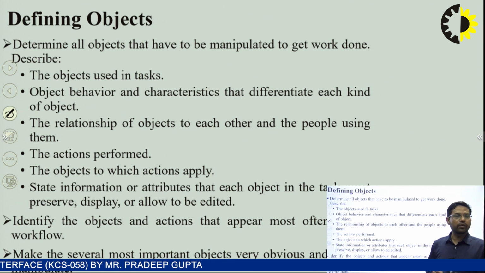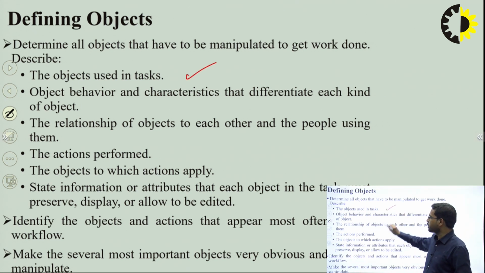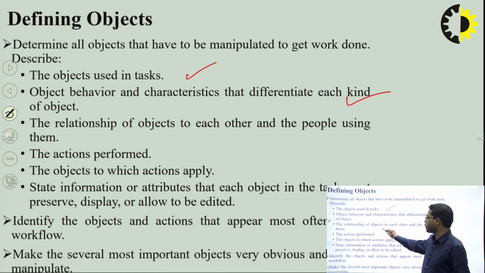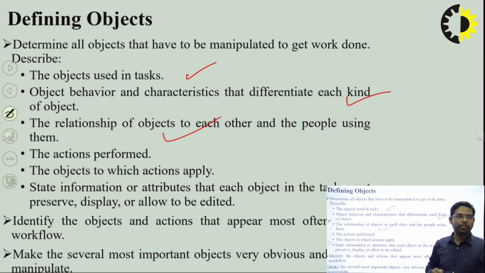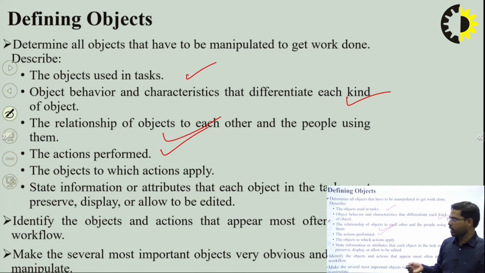Next is how to define the object. An object is any entity that can be manipulated to get work done. Describe the objects used in the task. What kind of objects are used in the task? Object behavior and the characteristics that differentiate each kind of object. What are the relationships between the objects, how are actions performed on these objects, and to which objects are actions applied?